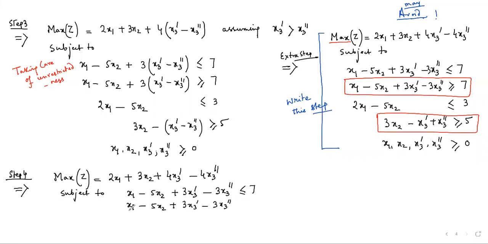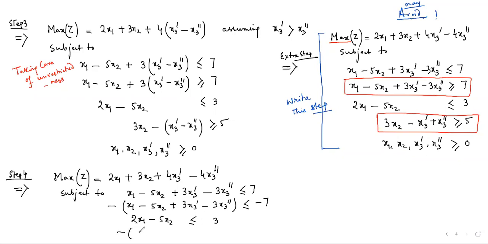I have to multiply this side by -1 so that it becomes less than or equal. So minus on that side, minus on that side. And we get 2x1 minus 5x2 less than or equal to 3.